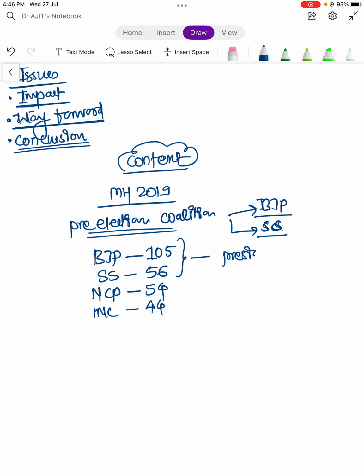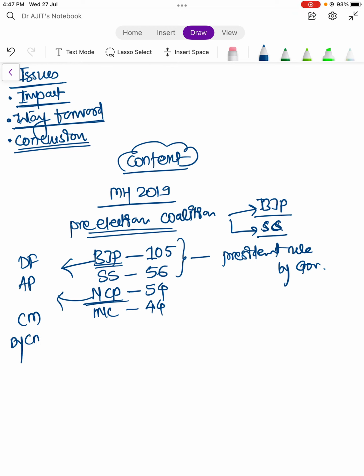Immediately, President's rule was invoked by the governor in Maharashtra, but after a few days, very early one morning, people saw that Devendra Fadnavis from BJP and Ajit Pawar from the Nationalist Congress Party were sworn in as chief minister and deputy chief minister, right?